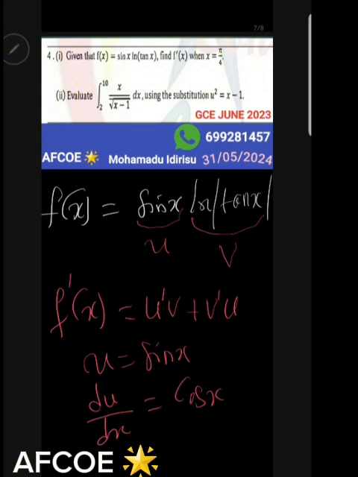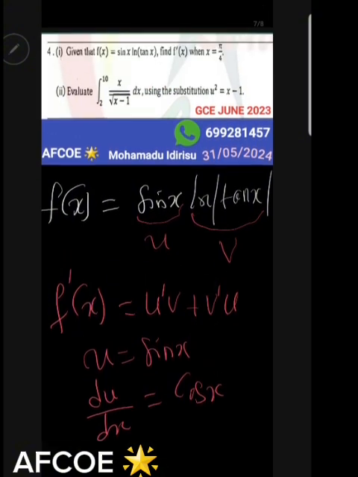The derivative of all trigonometric functions beginning with the letter c is negative. So the derivative of cos is negative, of cot is negative, of cosec is negative. The derivative of cos x is negative sine x, while the derivative of sine x is positive cos x. I think with this you can remember it easily.